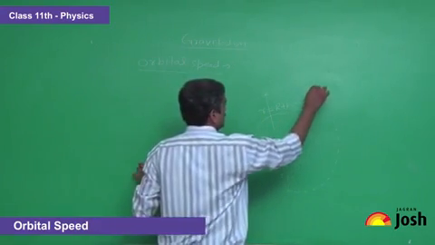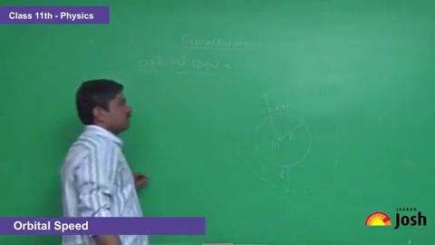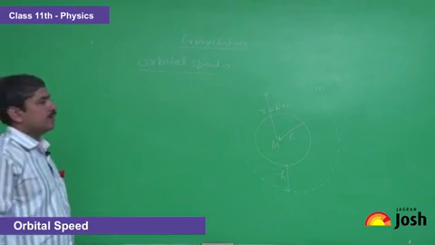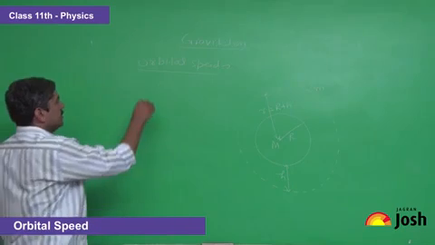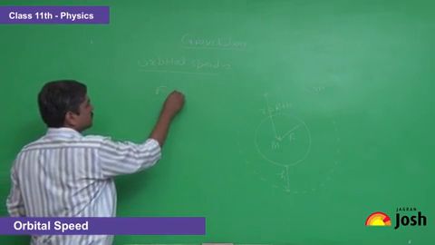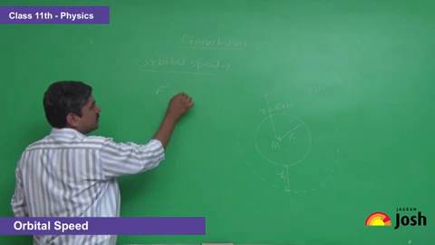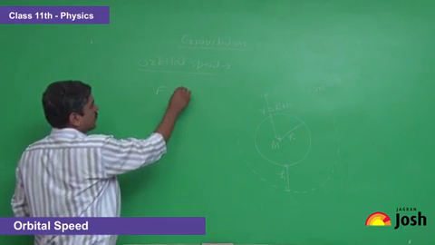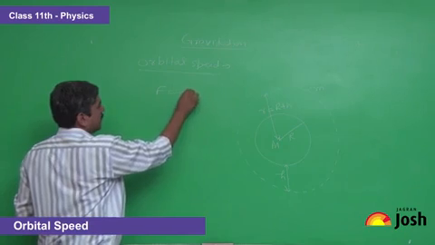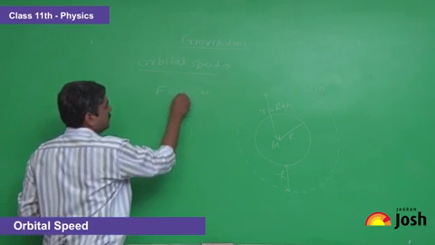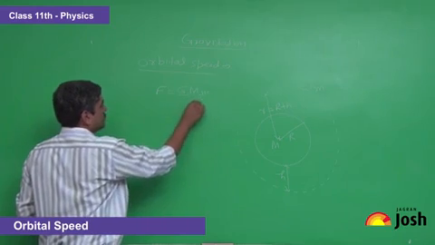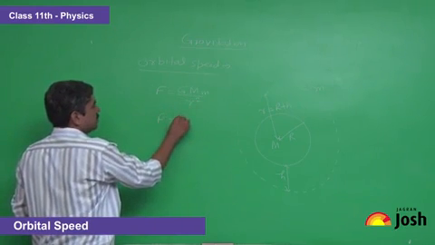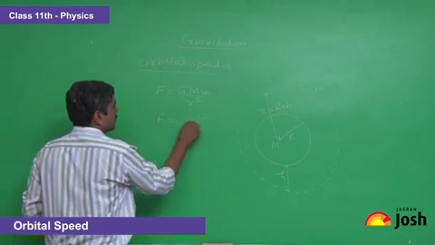Let the mass of the satellite be m. Since the satellite is revolving in a circular path, the gravitational force will provide the centripetal force for the motion, that is F equals capital G capital M into small m upon r square, and F equals m v square upon r.